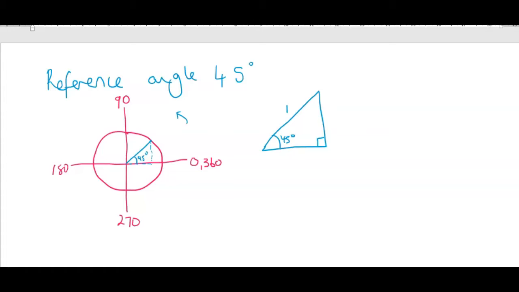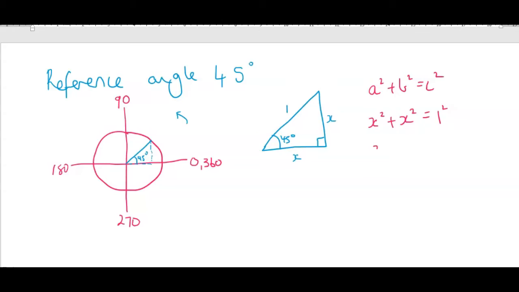Now, we don't know what these other two sides are. Well, we do if you've done a little bit of work so far, but I'm going to call them x just to show you where these values come from. Okay, so you may remember Pythagoras' theorem, a squared plus b squared equals c squared. So we can find out these values of x just using Pythagoras' theorem. So my two sides, a and b, are both x, and c is 1, so 1 squared.